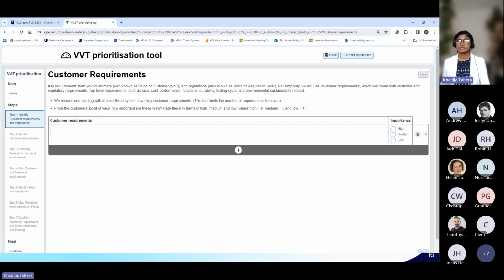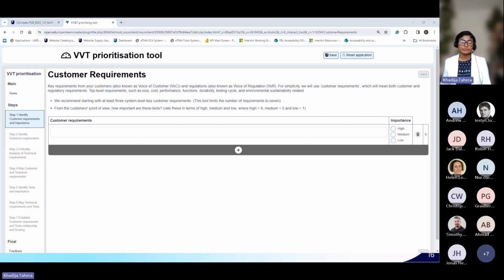We really emphasize that if you want to play with this tool, consider not only the customer, your immediate consumer, but also the voice of regulation. The tool also has a limitation: we can only hold seven customer requirements.